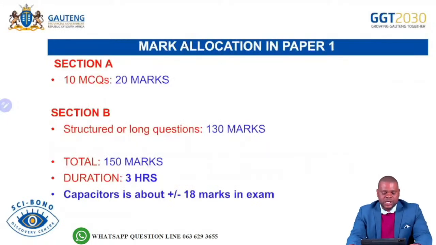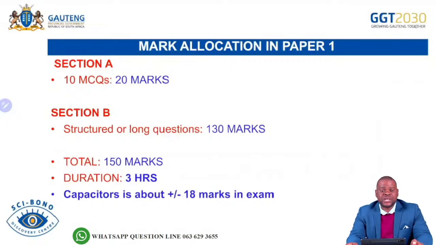We continue by saying the paper 1 will be summarized in this manner. We have 10 multiple choice questions, which takes 20 marks. Section B will be structured or a long question, which is out of 130 marks. And the paper, as we said, is out of 150 marks.